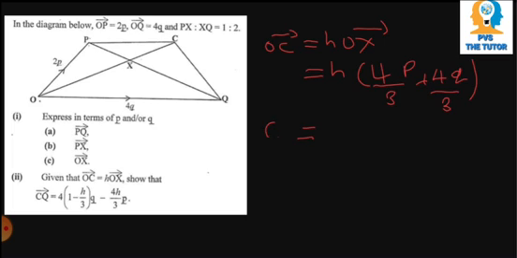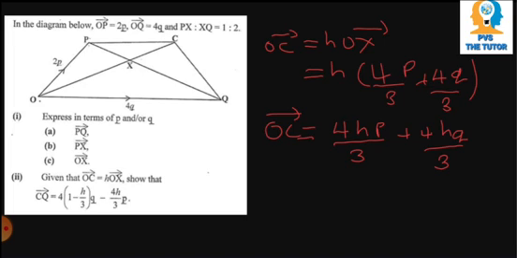When you distribute H, you are going to have 4HP over 3 plus 4HQ over 3.